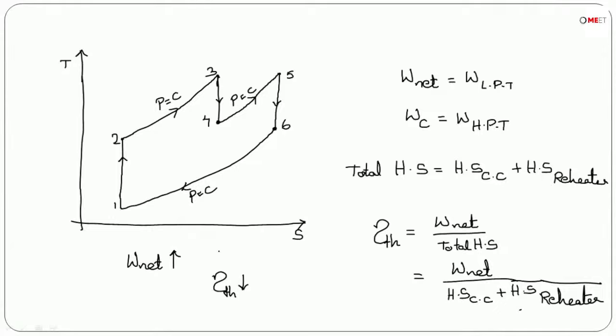So here, as the heat supplied is also increasing, even though there is an increase in the net power output, the thermal efficiency decreases. So this is the case of reheating here. So in both intercooling and reheating, the thermal efficiency is decreasing even though there is an improvement in the work output because of more amount of heat additions.